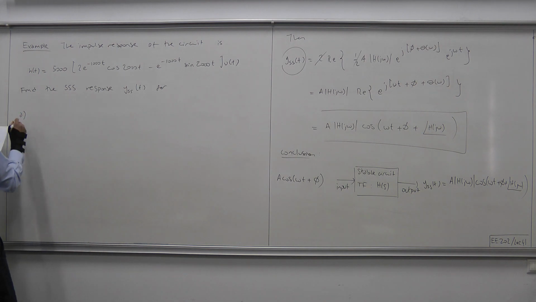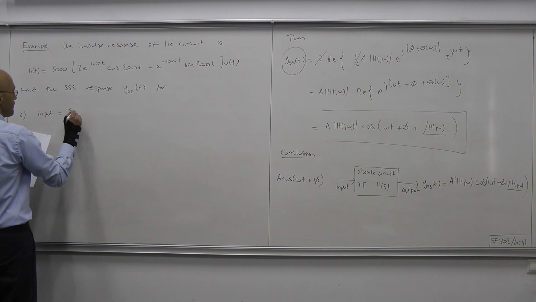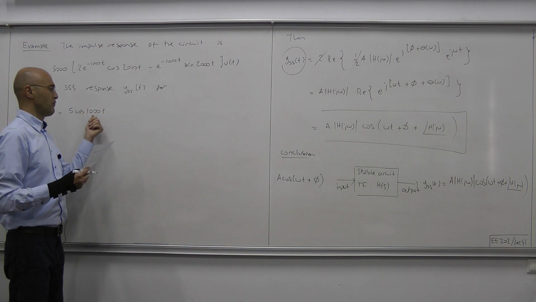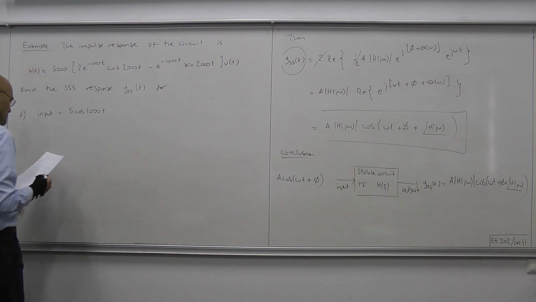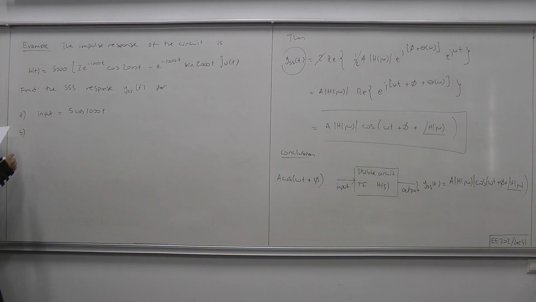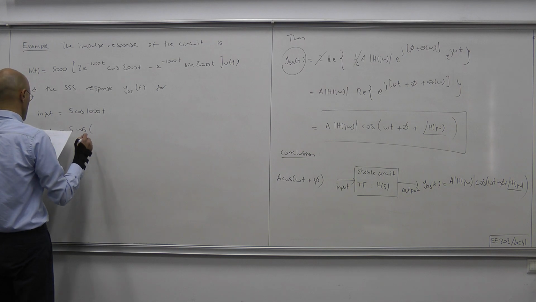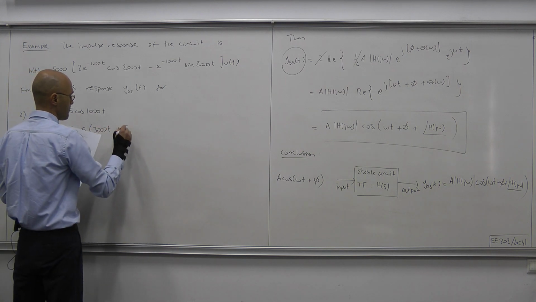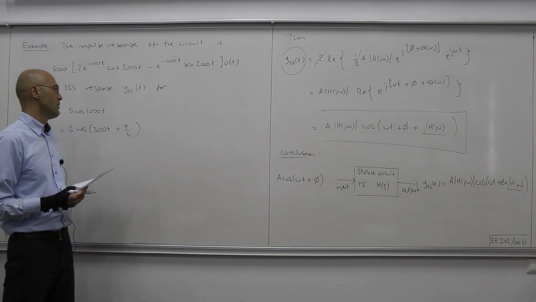In part a, the input is 5 cosine 1000t, so the frequency of oscillations, omega, is 1000 radians per second, and in the second part the input is 5 cosine 3000t. This time the input also has 45 degrees of phase.